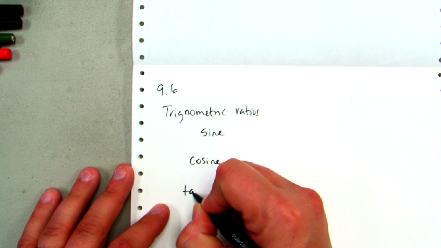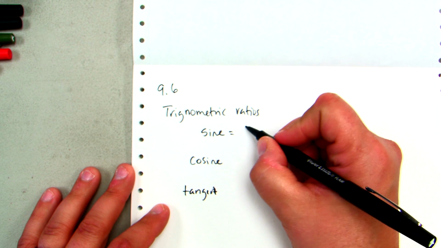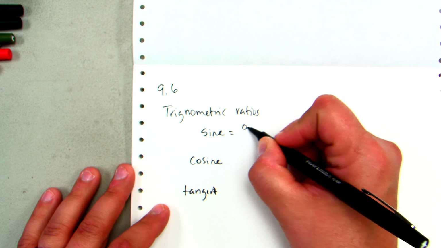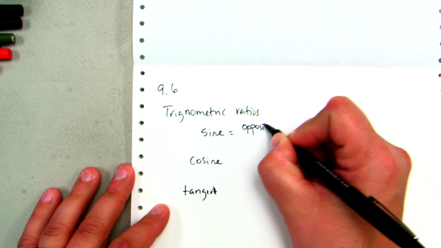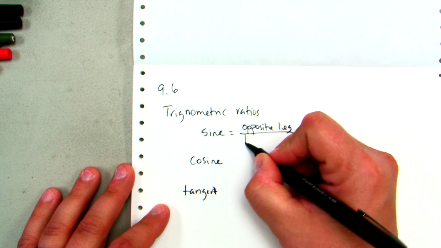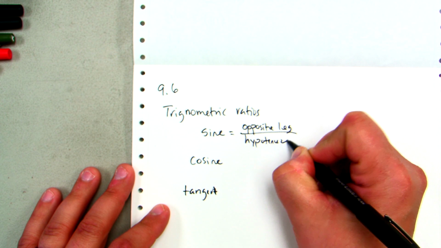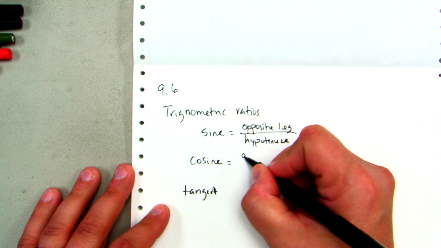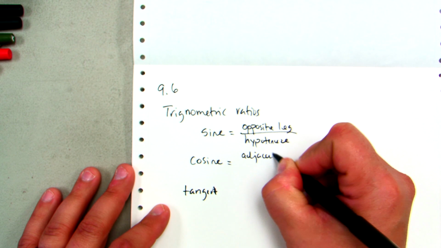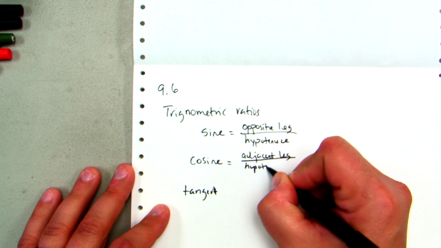Okay? The sine of an angle is equal to the ratio of the opposite side, or opposite leg, we'll call it, over the hypotenuse. The cosine of an angle is equal to the adjacent leg divided by the hypotenuse.